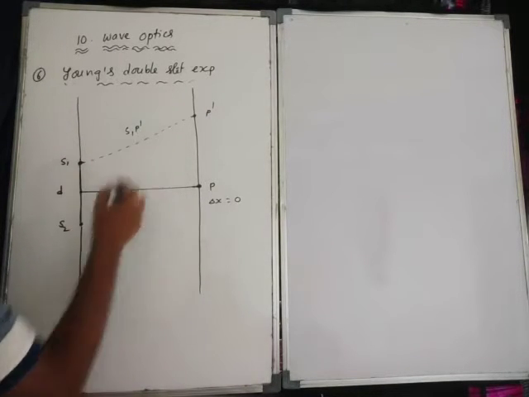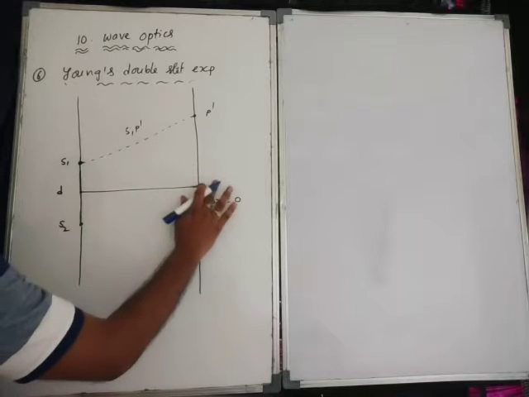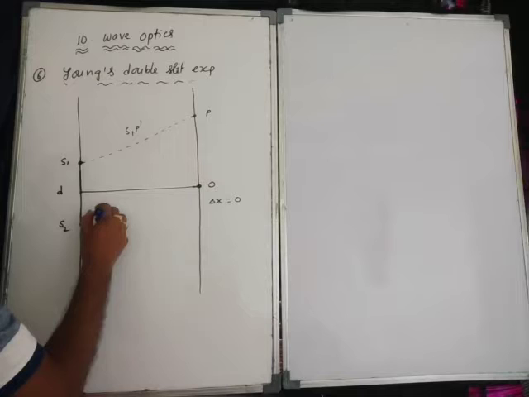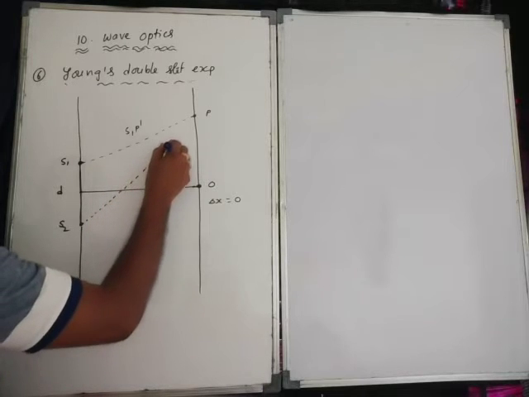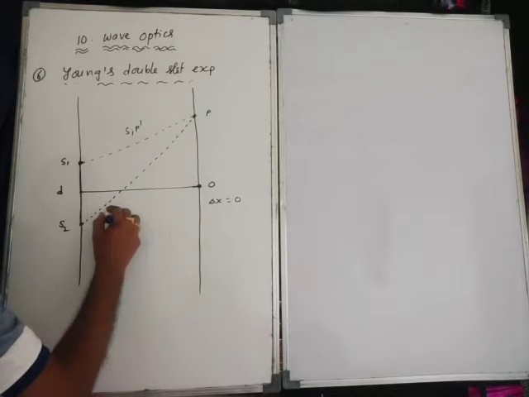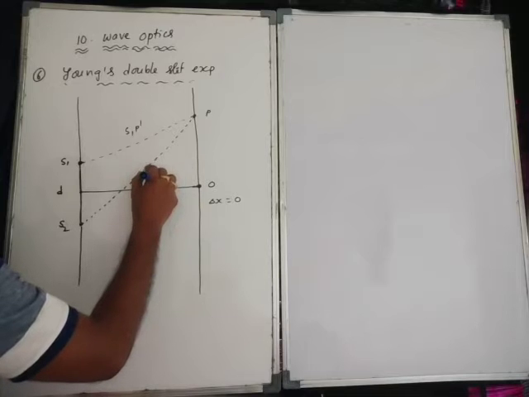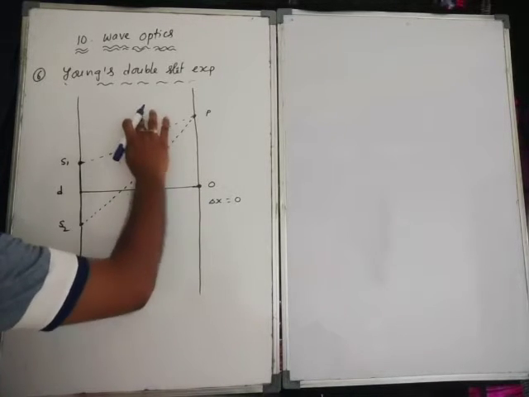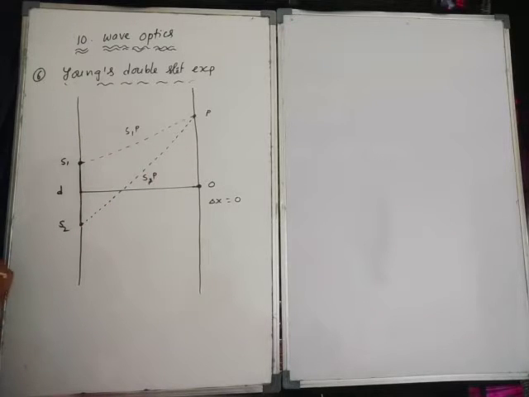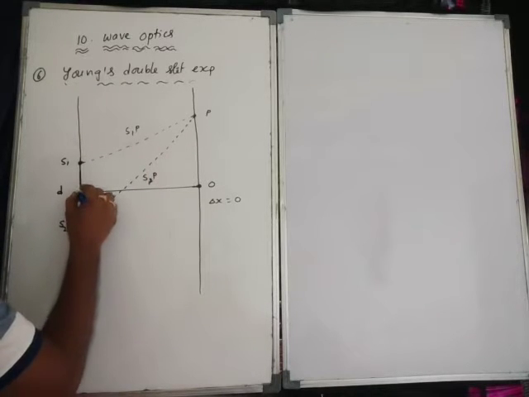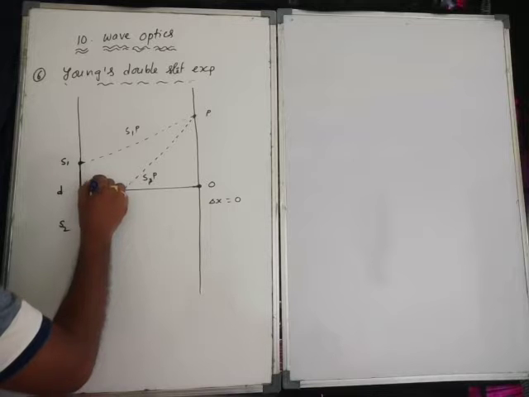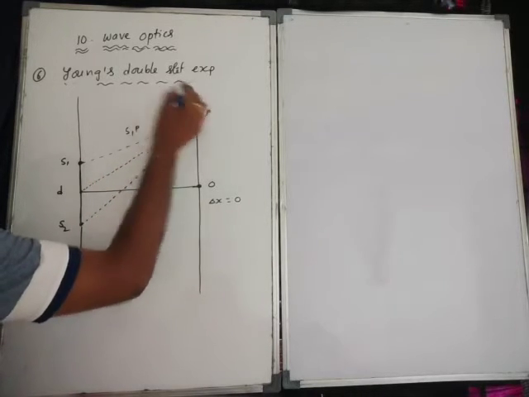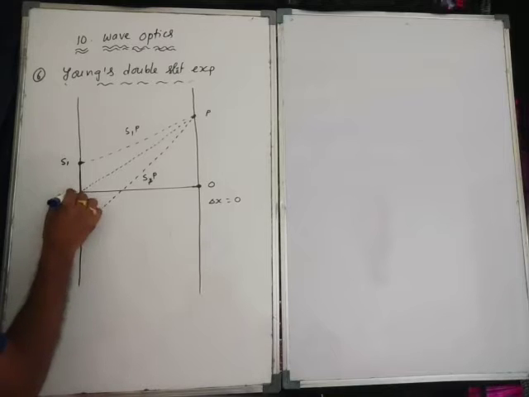S1 P dash. Similarly, if I take here, this is P. Next, from here to here, what is that? S2P. Correct? Now I can draw from here to here one more path. I will call this O dash.